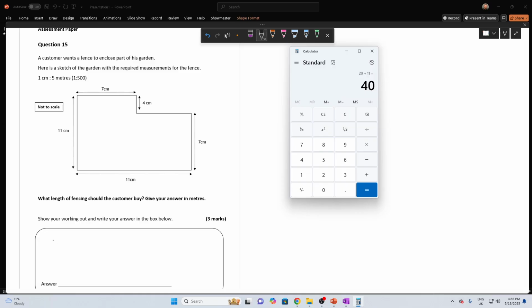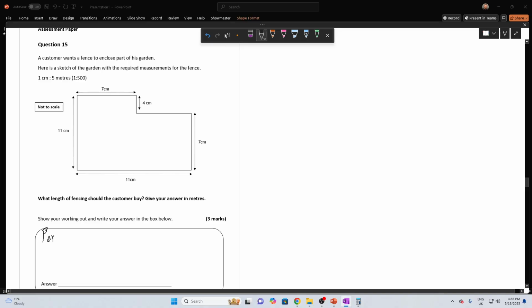So the perimeter on the plan is 40 centimeters, but then they told us 1 is 500.